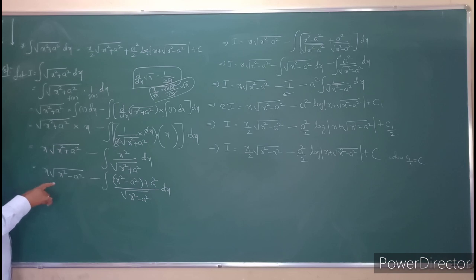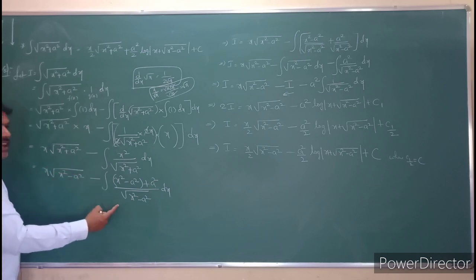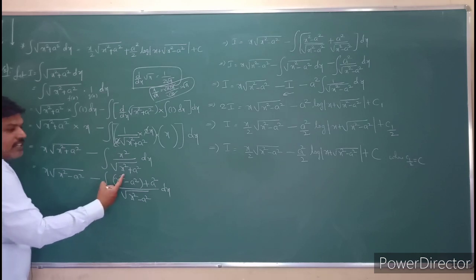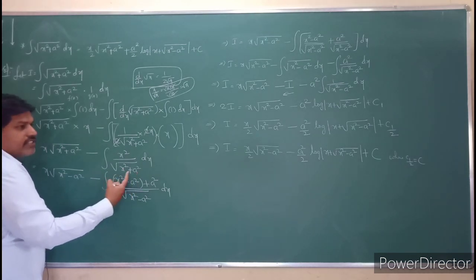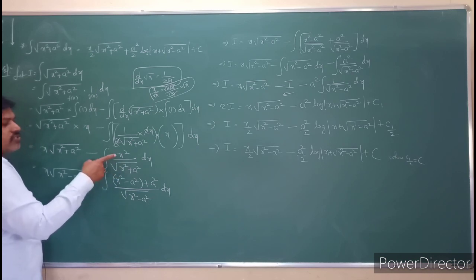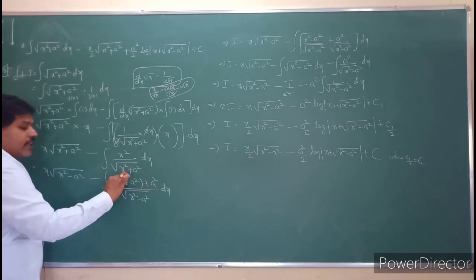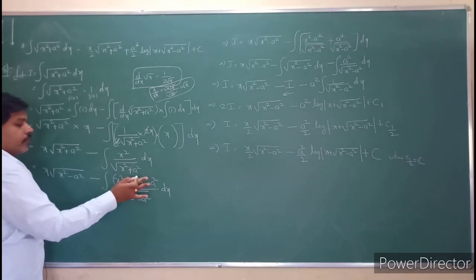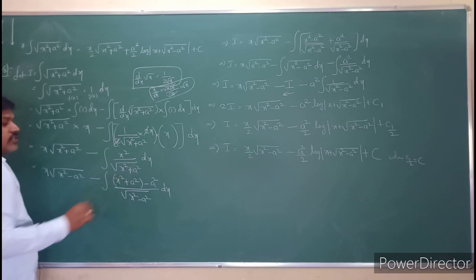So x into root of x square plus a square minus, this step is important. In the denominator x square plus a square is there. What we have to do? We have to get this x square plus a square in the numerator. So what will we add? We will take x square plus a square minus a square. Why?